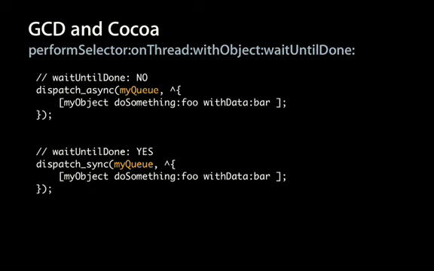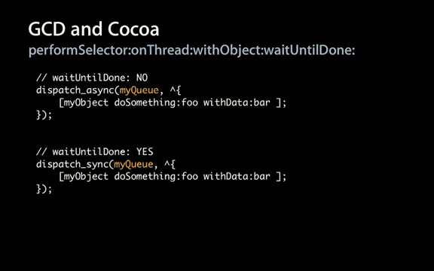In the first case, when you're talking about performing a selector on an arbitrary thread, our model is not to use threads specifically, it's to use queues and to allow the system to automatically create threads on your behalf. But it looks pretty similar. You can use dispatch async to perform a block on a queue, and that block can call whatever selector you wish. But what's nice about it is it can call any number of selectors, and those selectors can take any number of arguments.